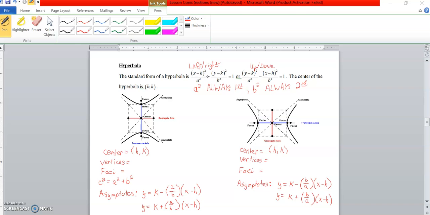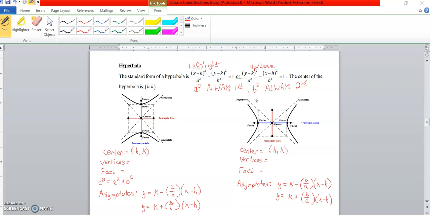A couple of things to note about hyperbolas, besides the standard form being a little bit different: if the x squared term is over a squared, it'll open left and right. And something to note there, I should have said this first, the a squared term always comes first. In an ellipse, a squared is always the larger term.